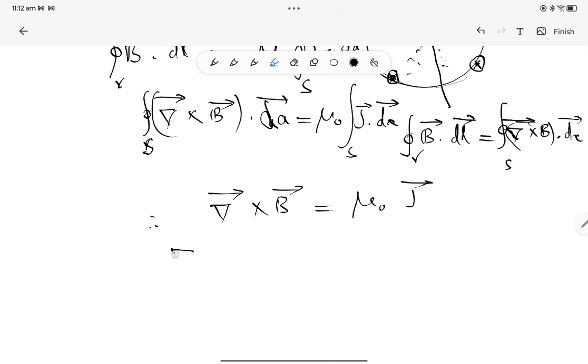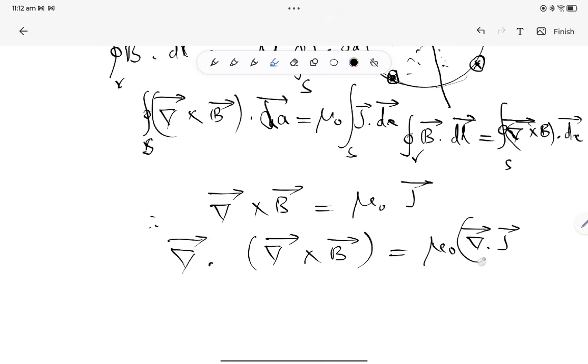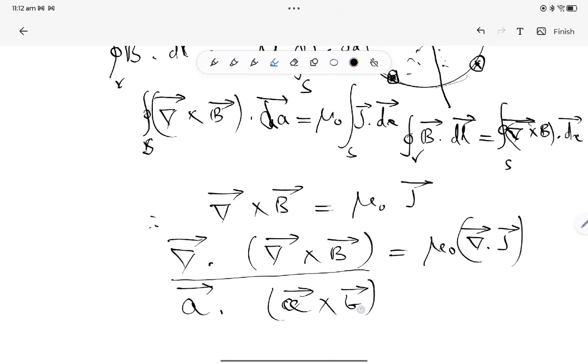Suppose you take the divergence of these two sides: del dot del cross B is equal to mu naught del dot J. Now we know that this must be 0, because if you have A dot A cross B, the direction of A cross B is perpendicular to A, and when you take the dot product with A itself, since it is perpendicular, theta is 90 degrees and cos 90 degrees is 0.